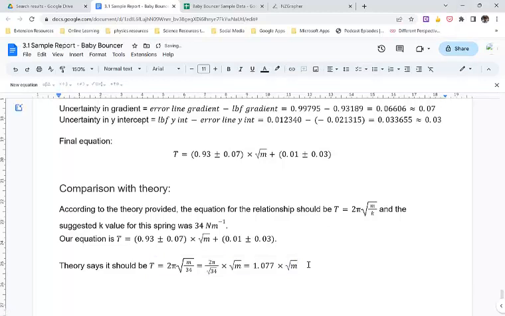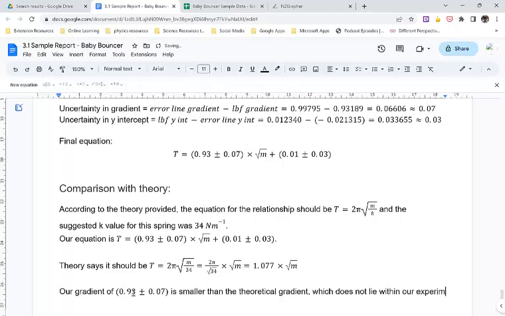So our gradient of this is smaller than the theoretical gradient, which does not lie within our experimental uncertainty.